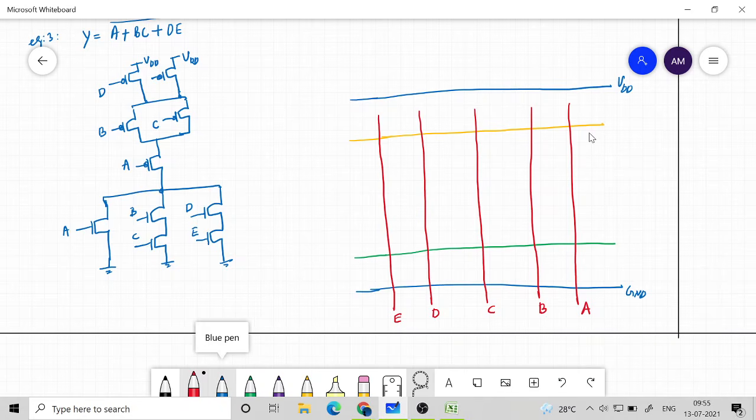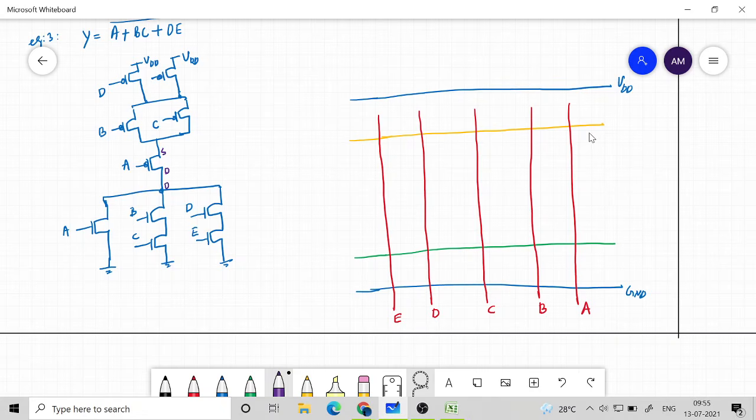So let's put in the information about the source and drain. This is source and this is drain.